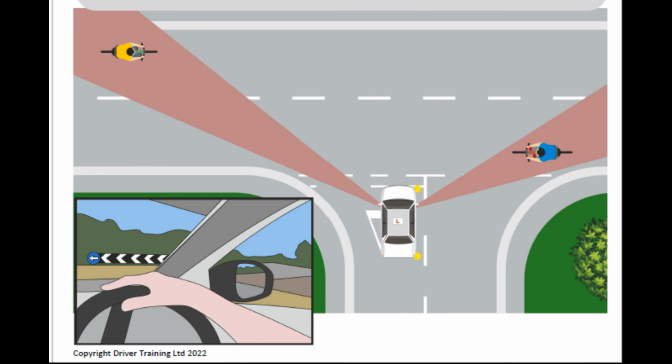So what you can find is when you look right and left, that you don't actually see what's there. So sometimes it's a good idea just to remind your pupils to move their head to look either side of those pillars, because if there are any cyclists there, they genuinely won't see them.